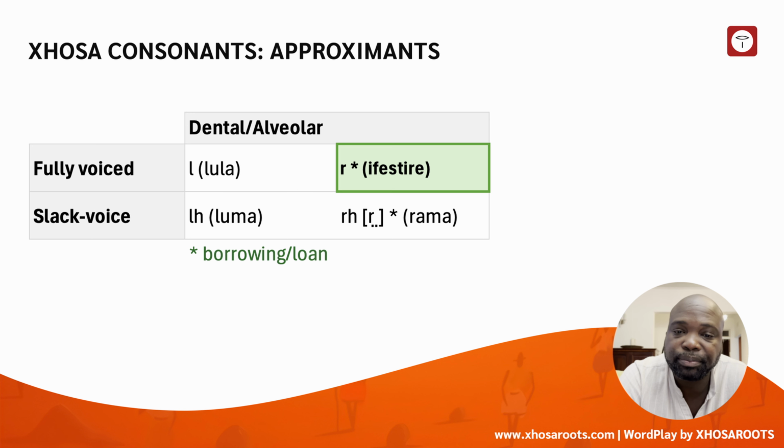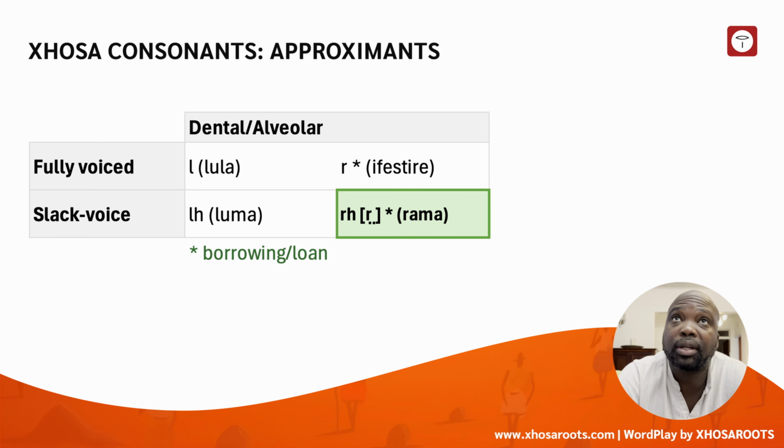Another version of the R sound is its slack voiced version. In words like rama, which is the margarine or butter spread, whatever the exact term is for that, rama. And again, some people, especially the older people, would say lama instead of rama, due to the struggle in pronouncing the sound.